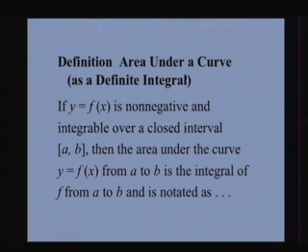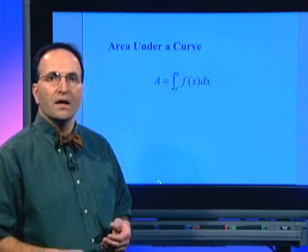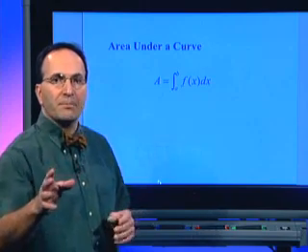If y equals f of x is non-negative and integrable over a closed interval a comma b, then the area under the curve y equals f of x from a to b is the integral of f from a to b and is notated as the area under the curve a equals the integral from a to b of f of x dx.